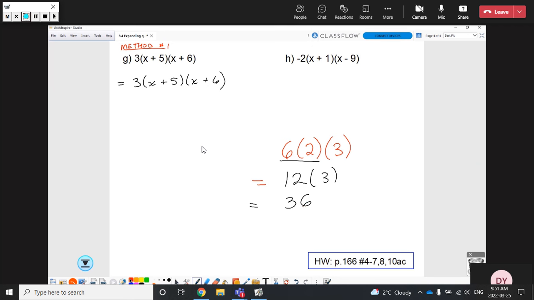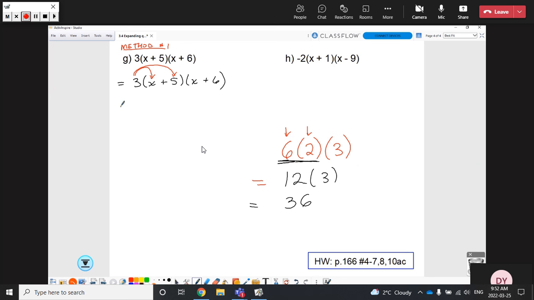So what's happening here is notice how we multiplied the first thing by the second thing. That was the first move. Well, that's going to be our first move here. 3 times x, 3 times 5. We're just going to take that leading value, the 3 out front, and multiply it by the first term here, the x plus 5. That makes sense, because that's like just doing the 6 times the 2, right?